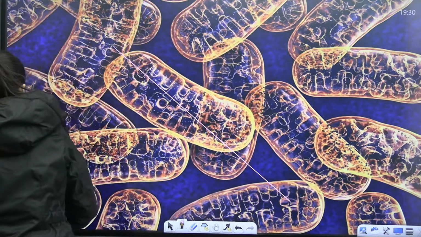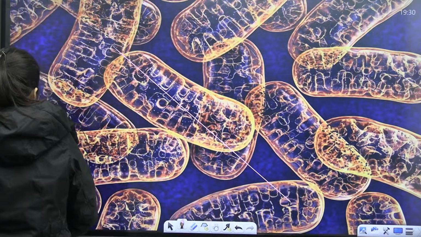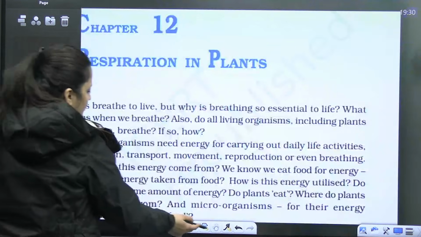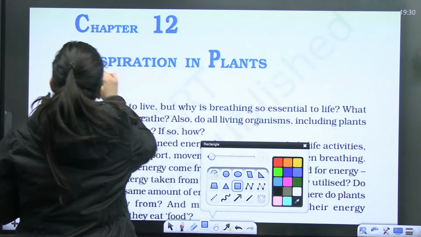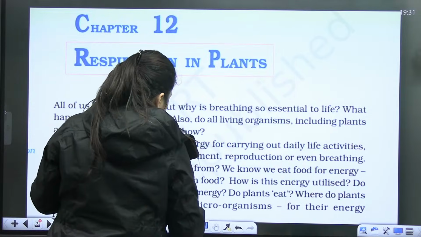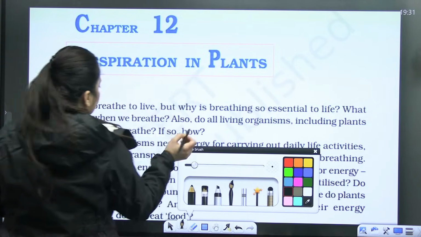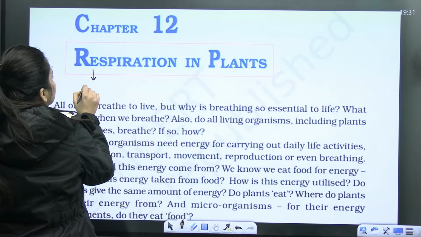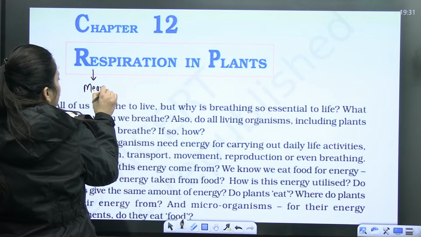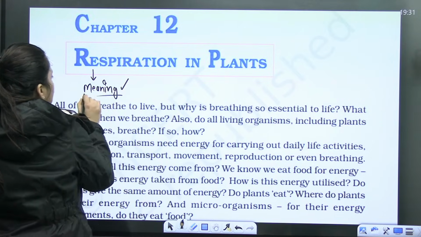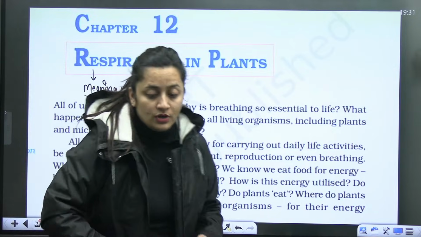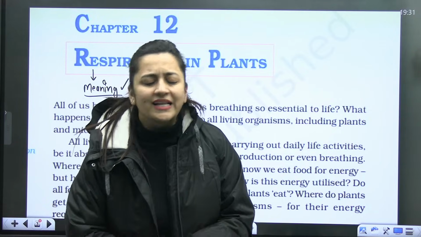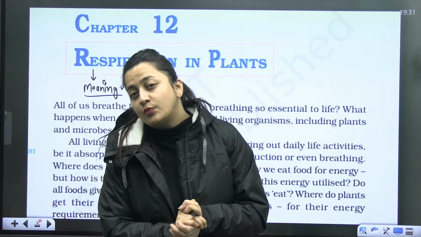So let's get started. The name of the chapter is Respiration in Plants. What is the name of the chapter, students? Respiration in Plants. Before proceeding, do let me know what is the meaning of respiration. In the chat section, I want you to answer this. Quickly tell me, what do you understand by the word respiration?